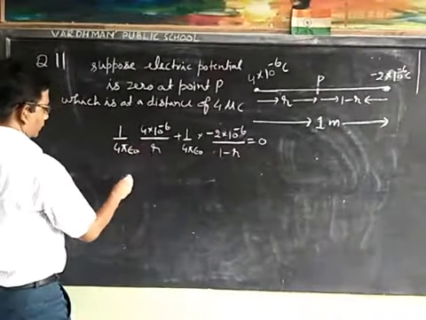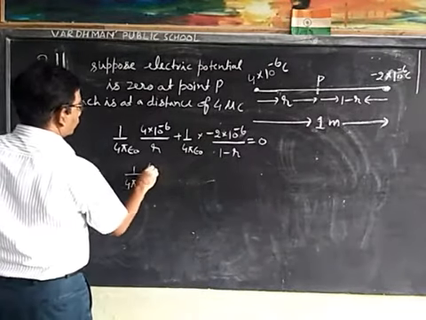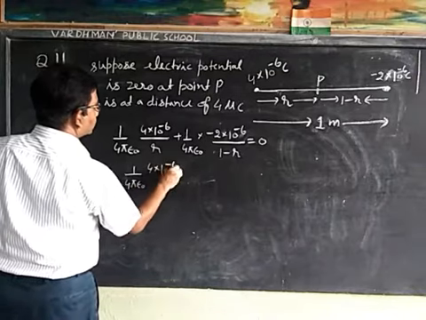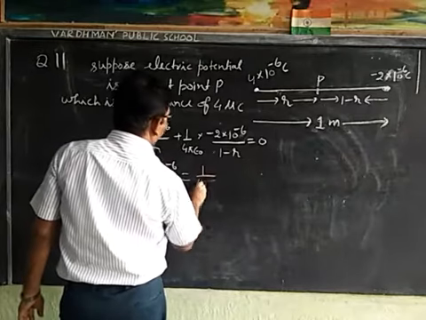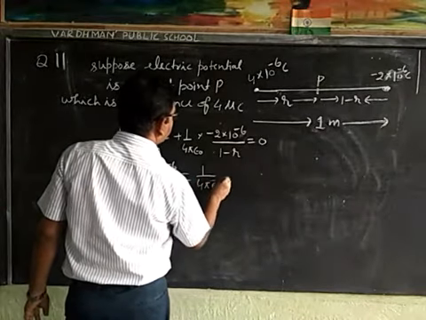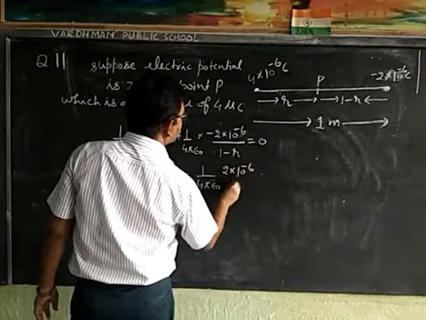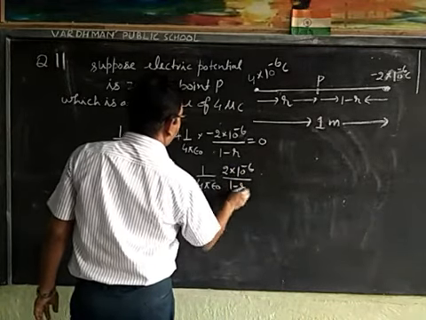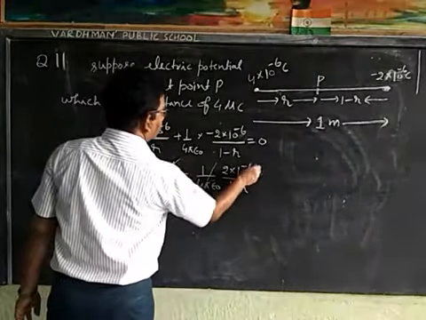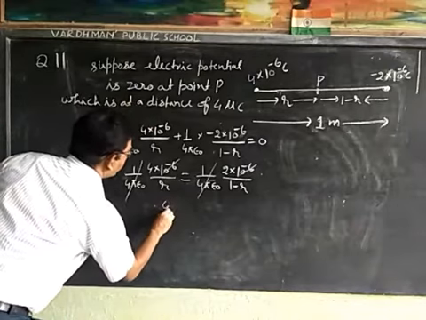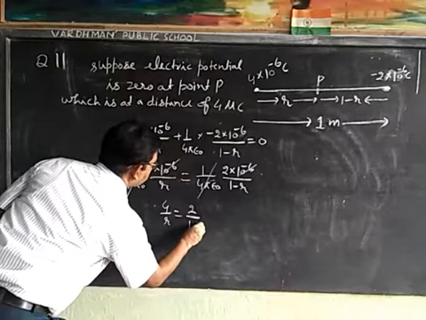We can write this as 1 upon 4 pi epsilon naught, 4 into 10 power minus 6 upon r, is equal to 1 upon 4 pi epsilon naught, 2 into 10 power minus 6 upon 1 minus r. We will cancel 1 upon 4 pi epsilon naught and 10 power minus 6. Then it becomes 4 upon r is equal to 2 upon 1 minus r.